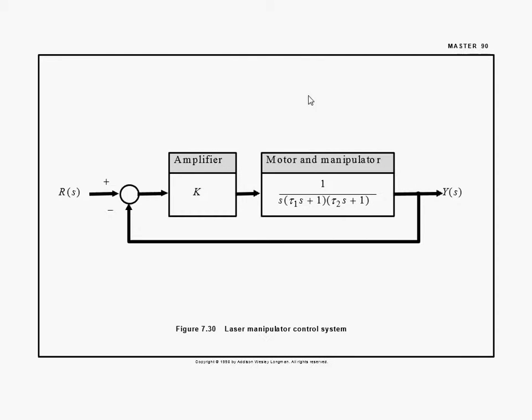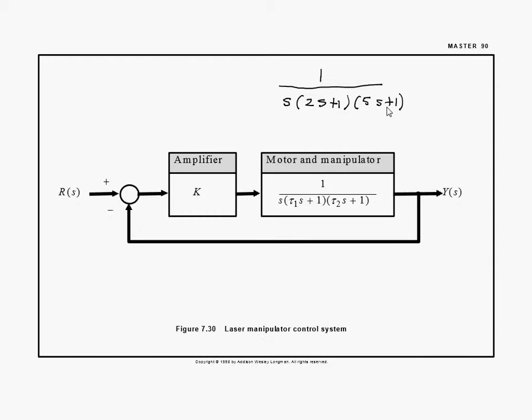Let's propose a transfer function ourselves. Let's just say that this is 1, and then I am going to say this is s, and let's just put this a 2. How is that? 2s plus 1, and then I'm going to put like a 5, s plus 1. How is that?